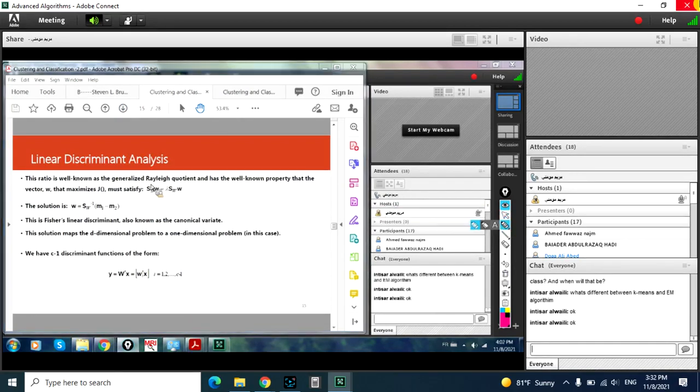Then after calculating SB and SW, we put them in this equation, and according to the previous discussion in SVD, W is related to eigenvalues and eigenvectors. Anyway, we can calculate W, and after calculating this W, we can transform X to Y, and then we can classify it.